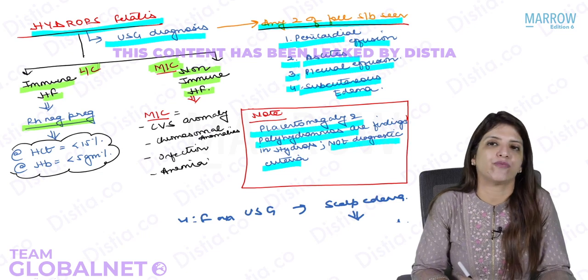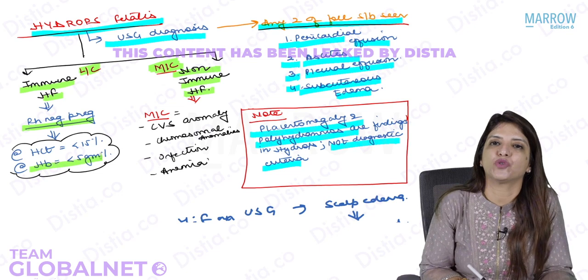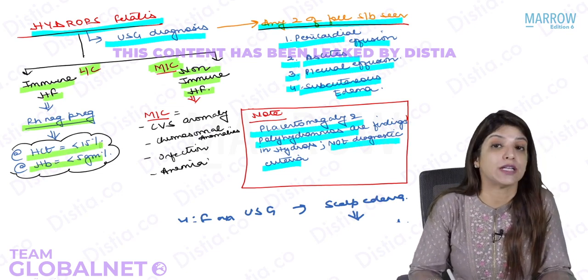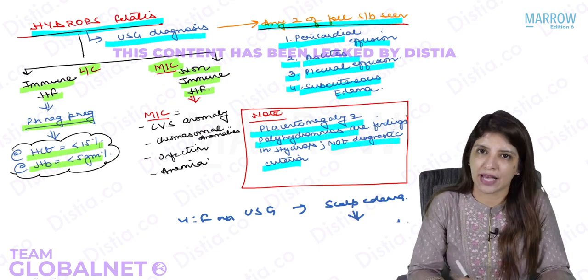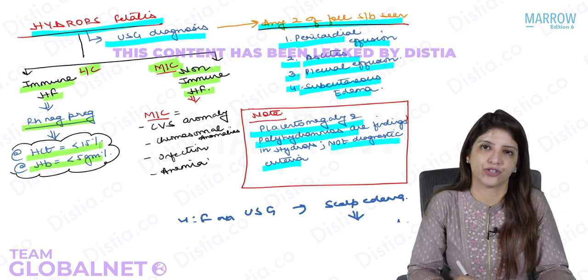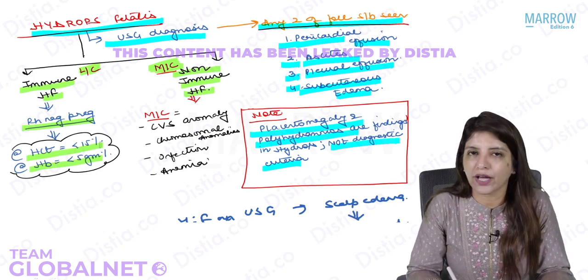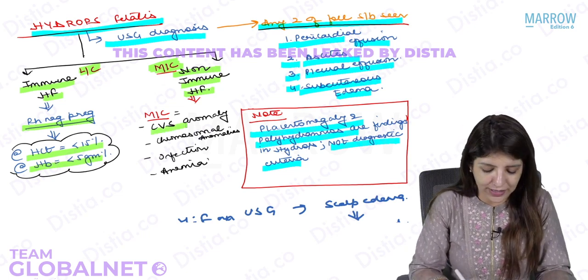Right? Now, in an Rh negative pregnancy, when do you suspect that hydrops fetalis would have occurred? We suspect hydrops fetalis if the fetal hemoglobin comes out to be less than 5 gram% or hematocrit becomes less than 15%. In these conditions, I suspect hydrops fetalis and I should go for an ultrasound. Right? Then, what are the causes of non-immune hydrops fetalis? The most common cause is cardiovascular anomalies.